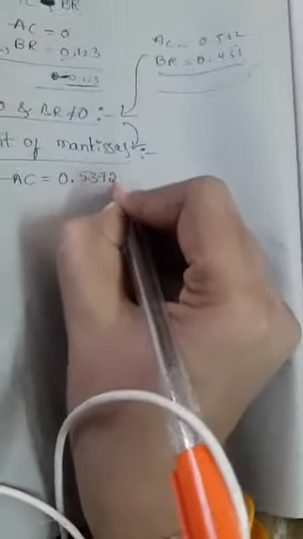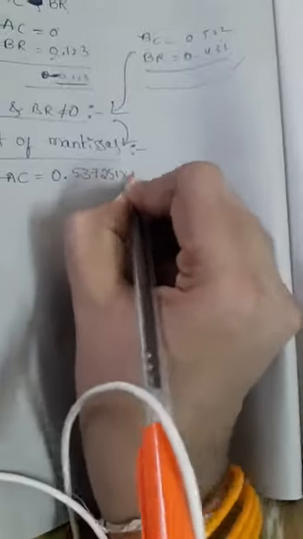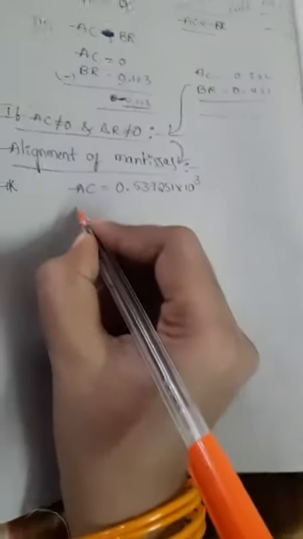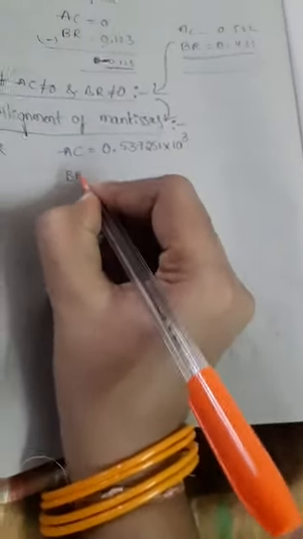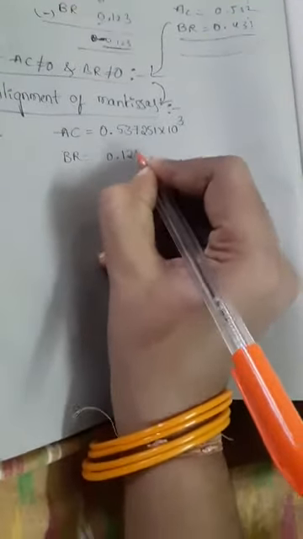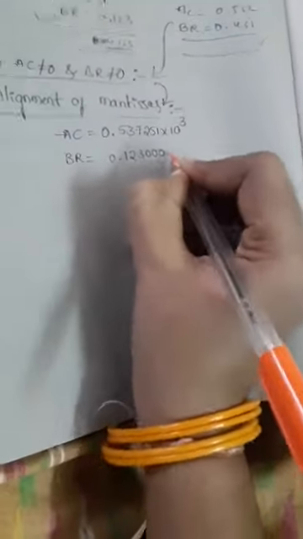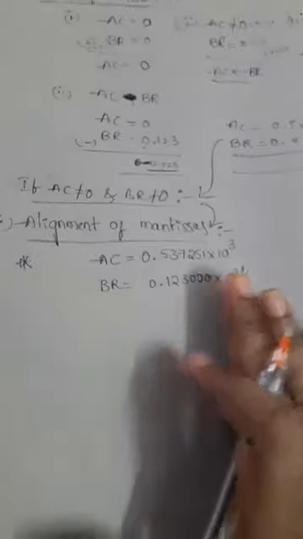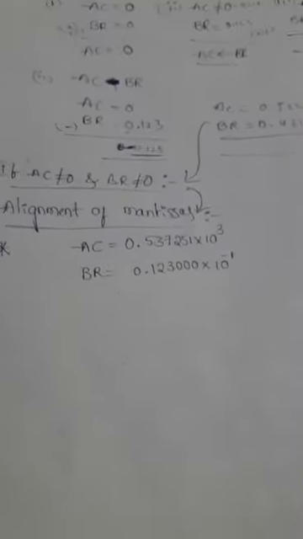The first number is 0.537251 times 10 cubed. This is one number I can assume, and the second number I can assume is 0.123000 times 10 to the power minus 1. So here I assume two numbers, contained in the AC and BR registers.